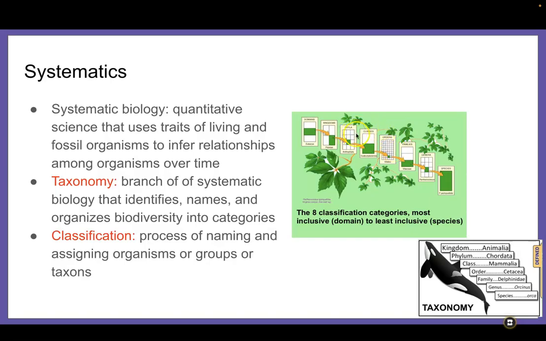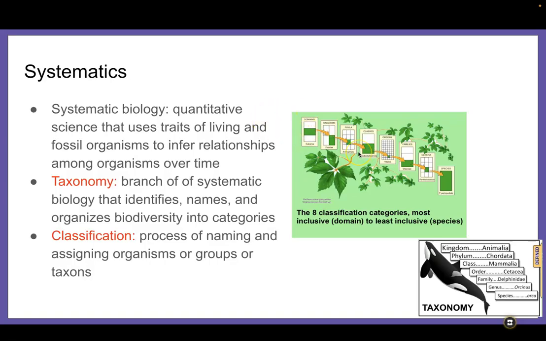Phyla, even more specific, classes, orders, families, and then how most of the time we refer to animals or other living organisms is by their genus and then their species, right? And their species is that thing that is most specific, has the least in common with things over here in the domain, and oftentimes means that they can breed together as well.